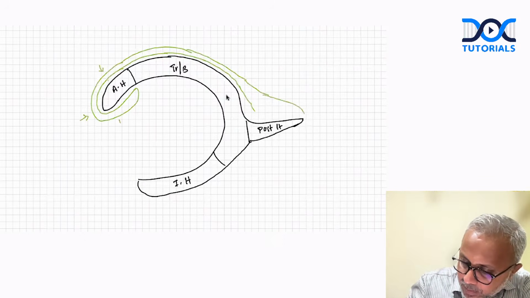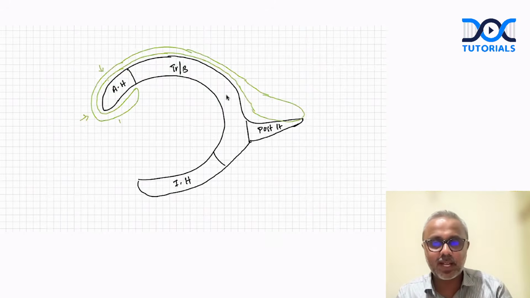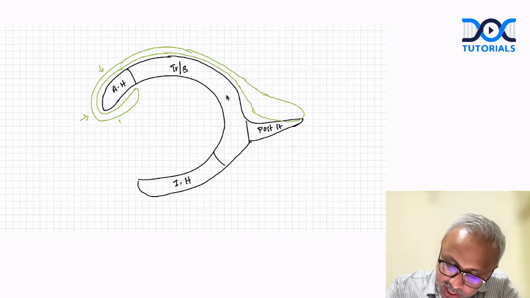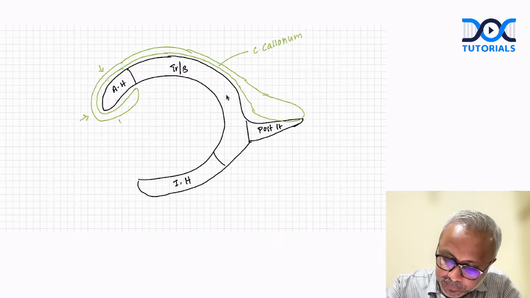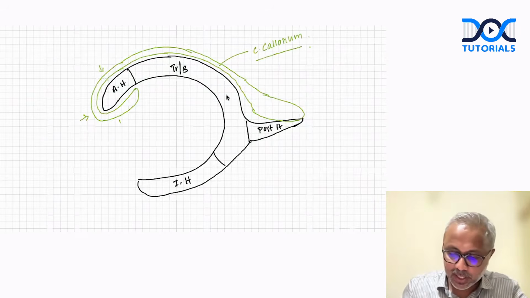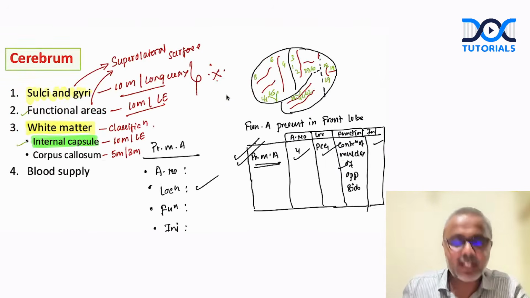Now this splenium would form the roof, the lateral wall, as well as the floor of the posterior horn. So one of the most important relations of the lateral ventricle is the corpus callosum, right?